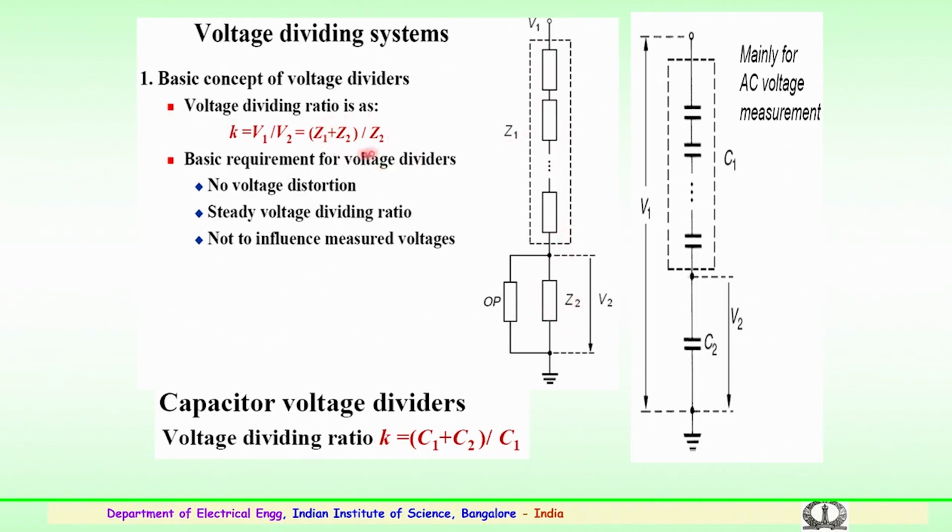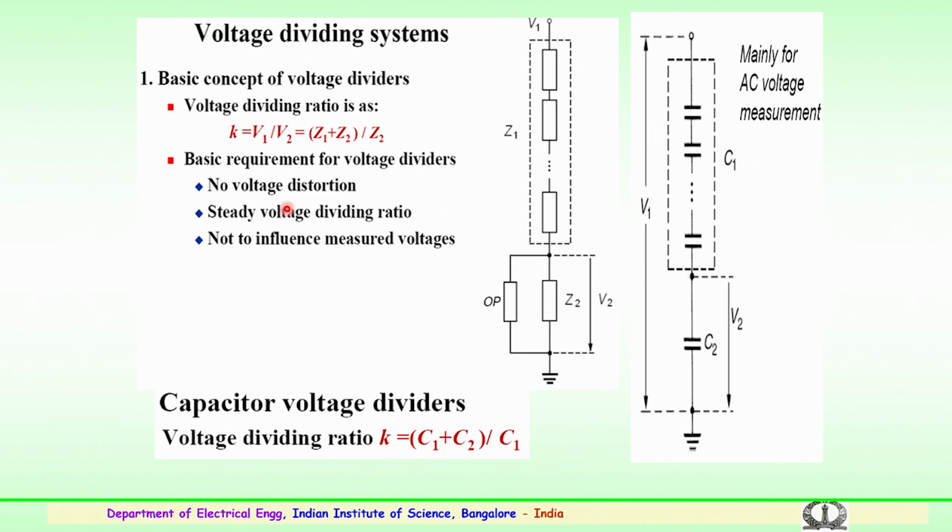So, this gives you the divider ratio K. Whatever voltage you see here multiplied by K will give you the actual voltage which is being seen across the voltage divider. So, this is important.